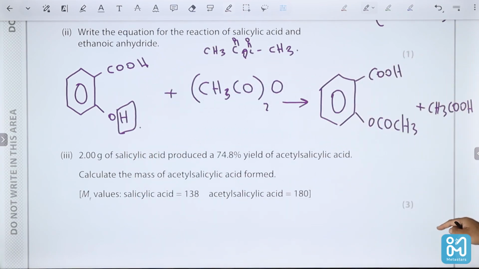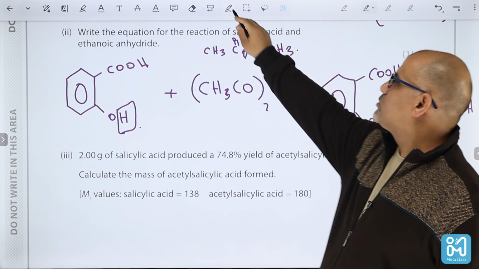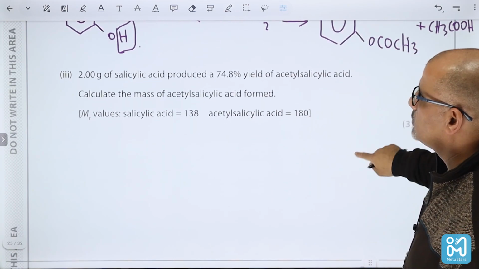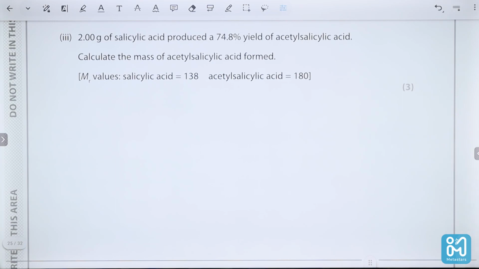Okay, now the next part: 2 grams of salicylic acid produced 74% of acetyl salicylic acid. Calculate the mass of the acetyl salicylic acid formed. The ratio is 1:1, and he gave you the molar mass of salicylic acid and acetyl salicylic acid, 180.